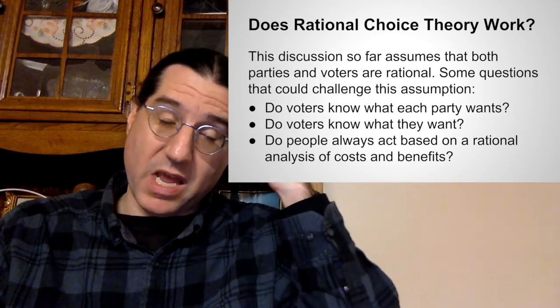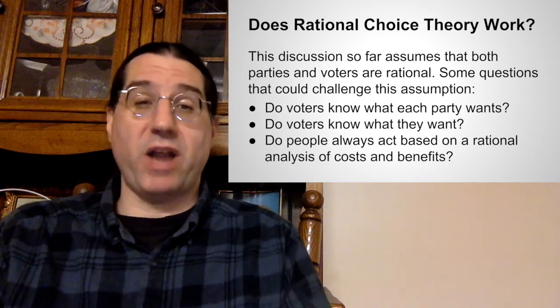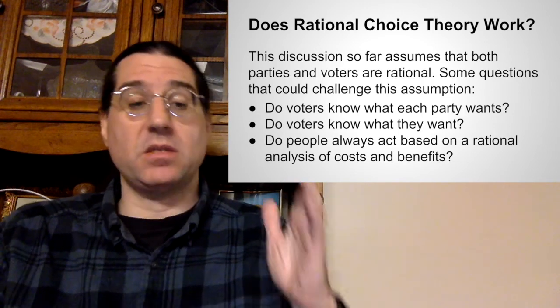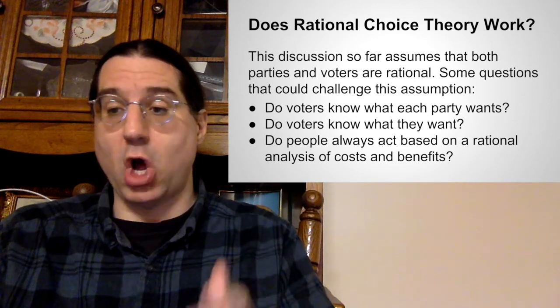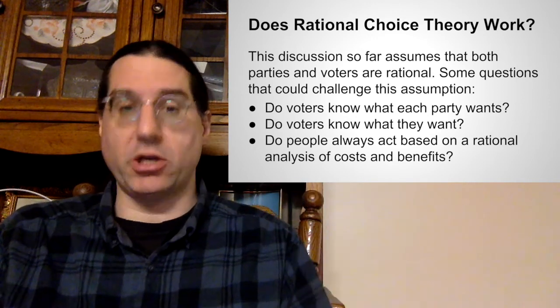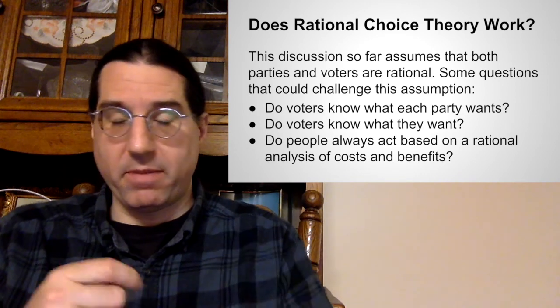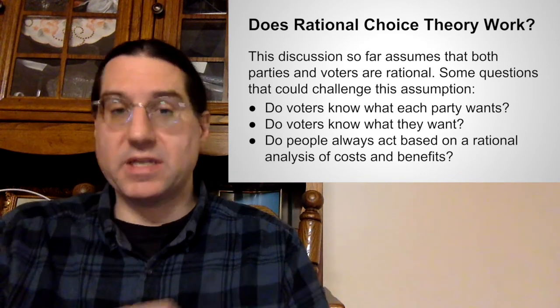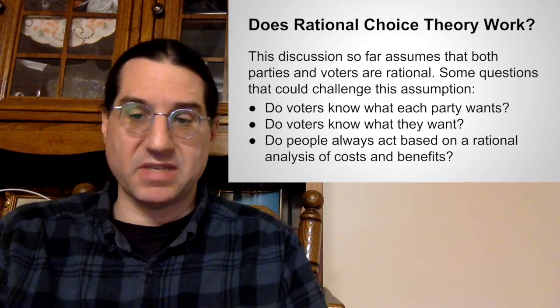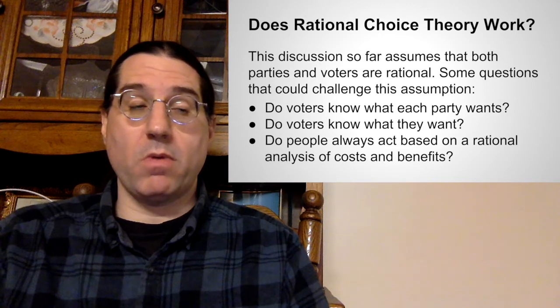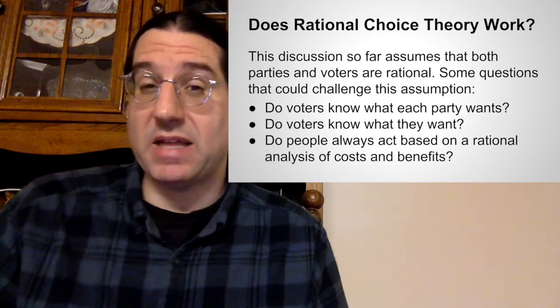Because in order for all of this rational choice theorizing to work, the candidates, the parties, and the voters all have to be logical. They all have to do a sort of mental calculation of what's going to give them the best probability of success, and then they have to actually do that. And that's not necessarily the case.